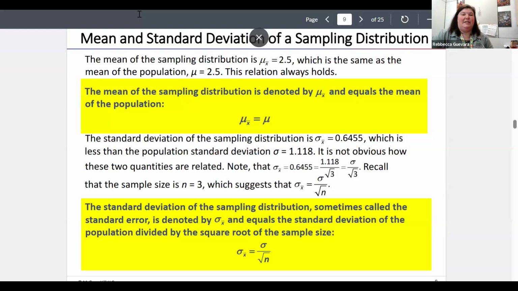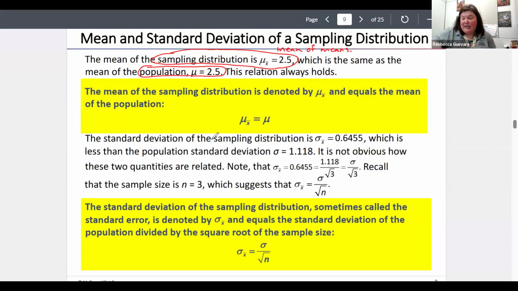So one of the things we had said was that when we initially were looking at the tetrahedrons, the population had a mean of 2.5, but when I did the mean of the sampling distribution, so this is my mean of means, we also got 2.5.